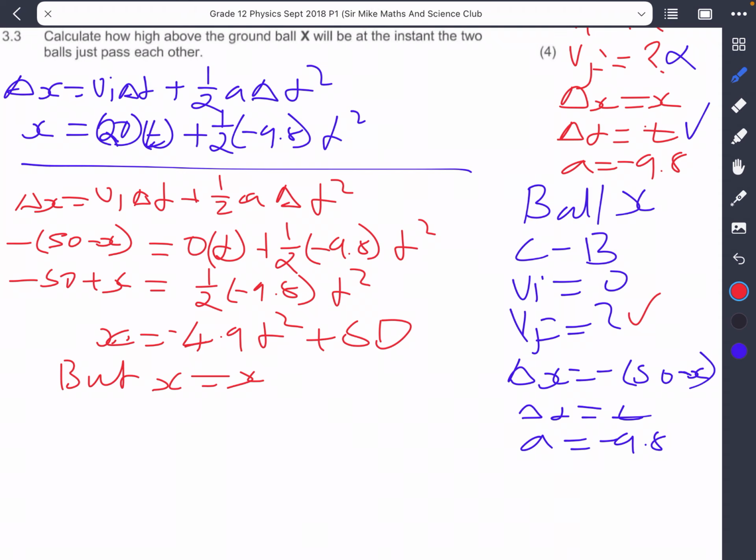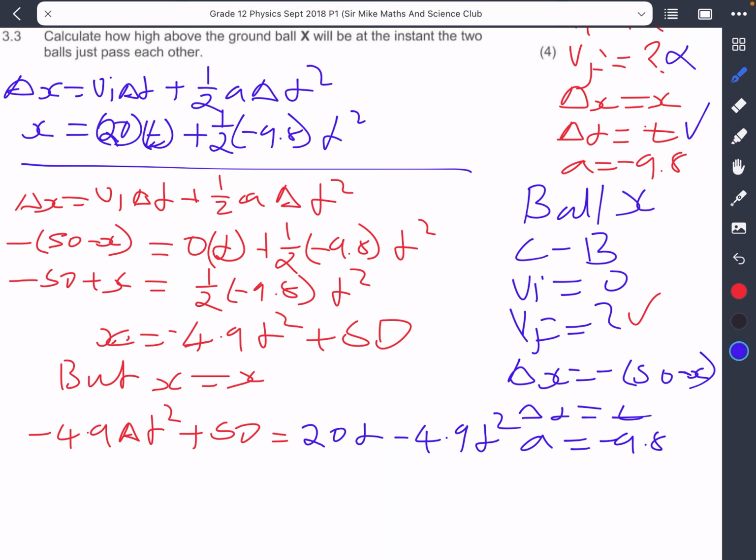The first x is negative 4.9 delta t squared plus 50, being equal to the other equation that we have there, which is 20 multiplied by t, minus 4.9 t squared. So that's what we have there.